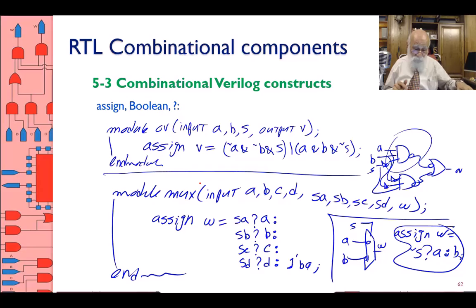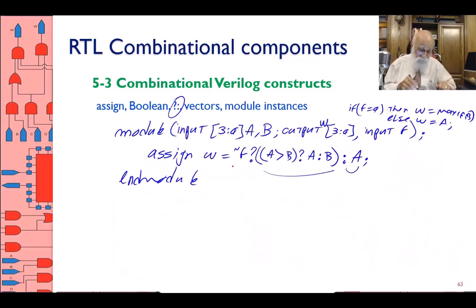When we're doing Boolean, I talked about Boolean expressions, so you can put anything you want: AND, OR, XOR, whatever you want. These are called bitwise.